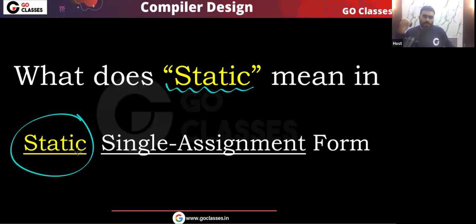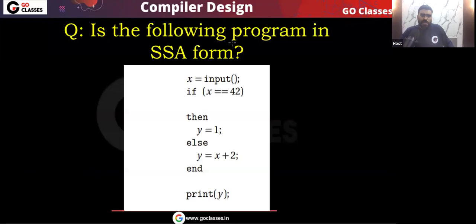Are you curious? What I told you is that this word means in the program text. Yes or no? So now let me explain what it means. Consider this example and tell me, is the following program in SSA form?